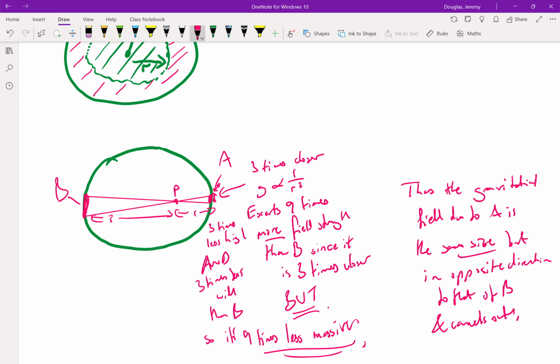And importantly, for every direction, there are going to be corresponding areas on opposite sides of the sphere that are going to cancel out for P. And therefore, wherever P is, you're going to get absolutely zero field due to A and B in every direction.